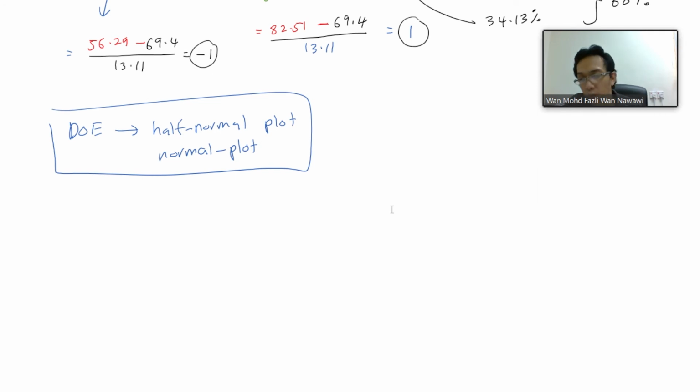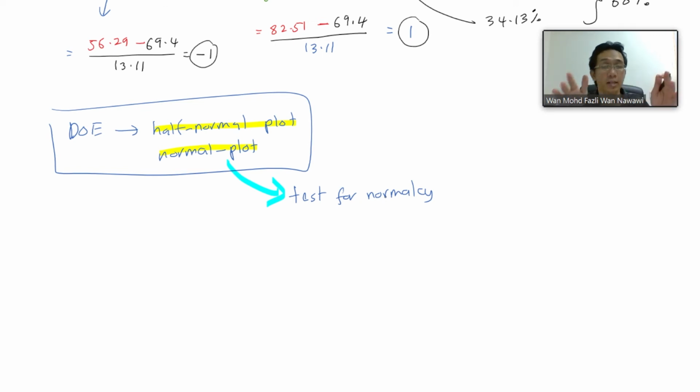So this normal plot, and the half normal plot, is basically the test for normalcy lah. Because at the end of the day, your statistical analysis is based on the standard normal distribution.